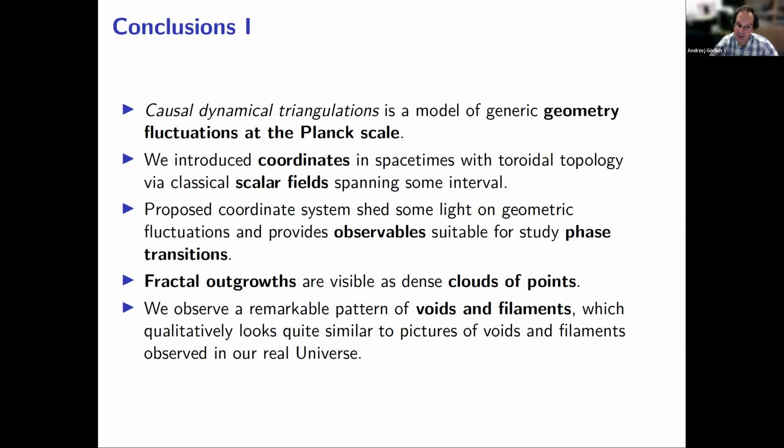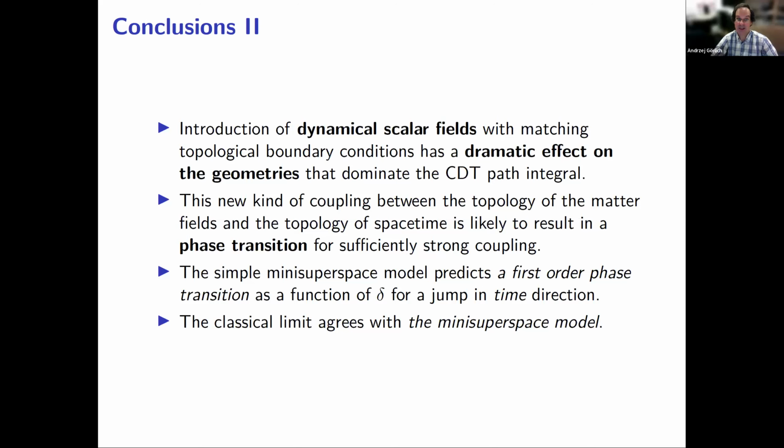And using those coordinates, we observe this remarkable pattern of voids and filaments, which qualitatively looks quite similar to the pictures of voids and filaments observed in our real universe. And introducing dynamical scalar fields with matching topological boundary conditions has a dramatic effect on the geometry. For large enough coupling, or this delta parameter, we observe a phase transition for the geometries.